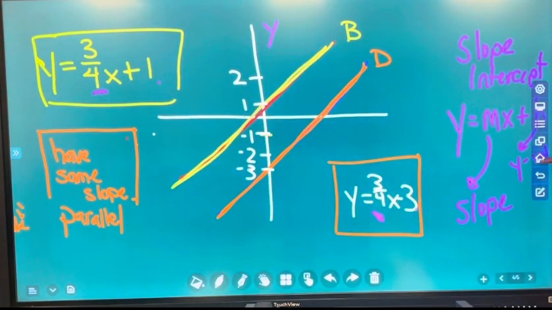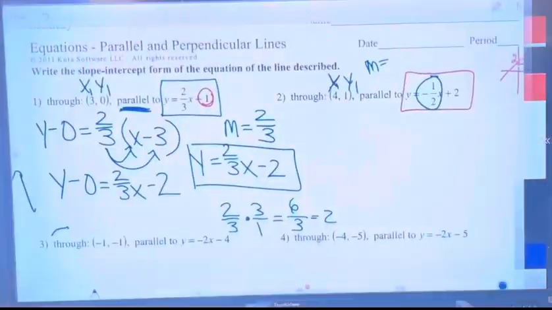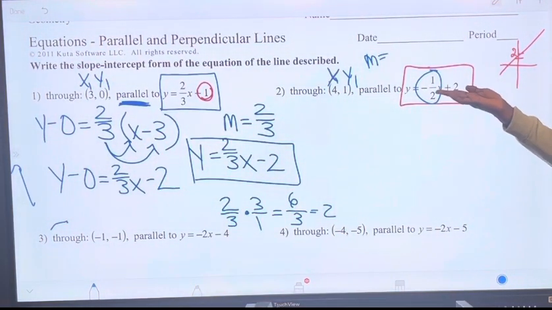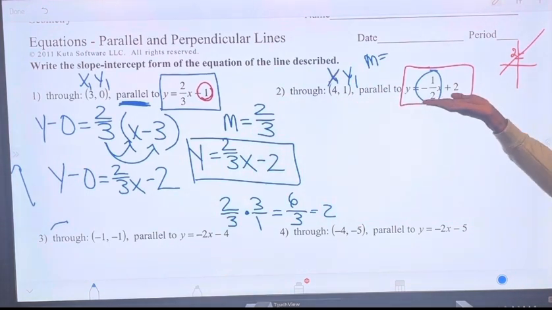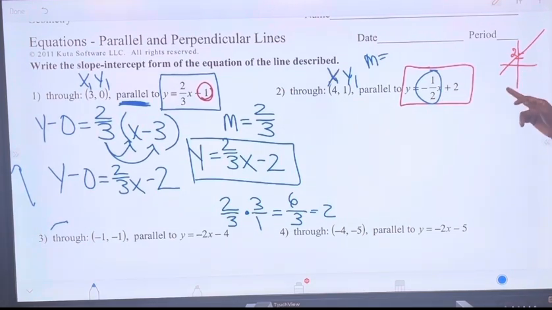So, back to your question. This line crosses the y-axis at 2, and it's got a slope of down 1 over 2. That's how you form the line. We have to create a line similar to this, with the same slope, but somewhere else on the y-axis.